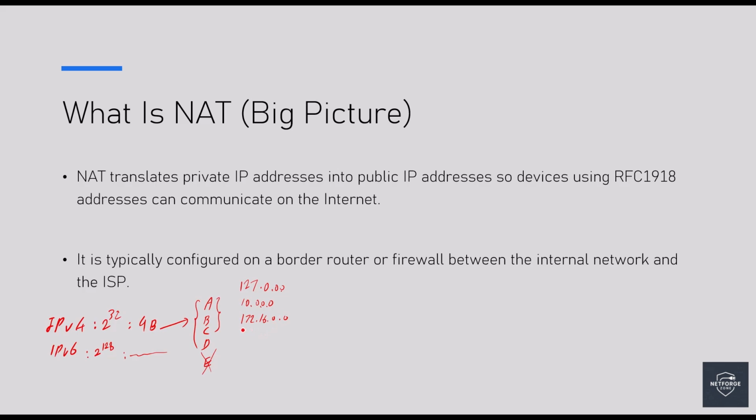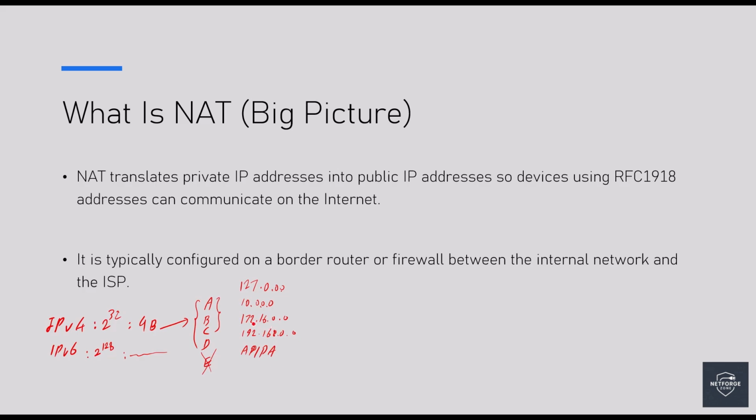We don't use anything from 192.168.0.0, and also we don't use anything from 169 something like this. I'm not so sure. That is called the APIPA range. I do not really remember the range, but this is the APIPA range that we do not really use.